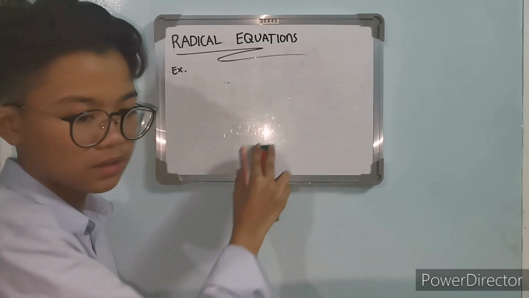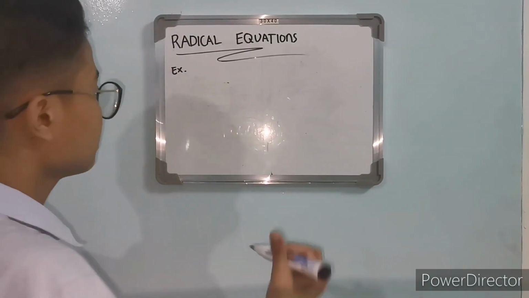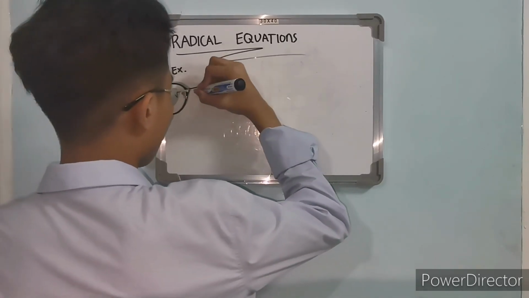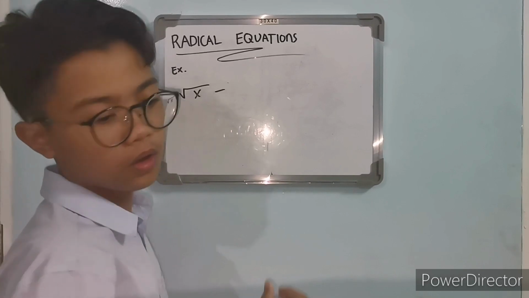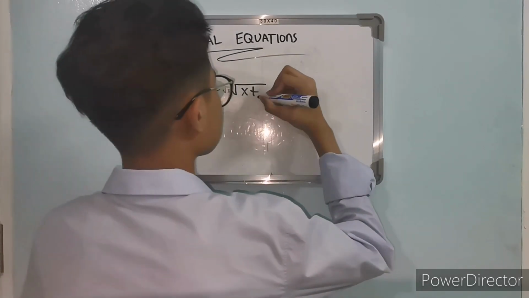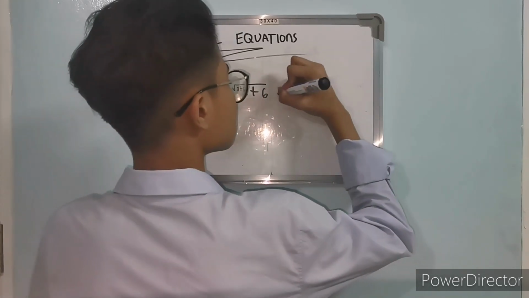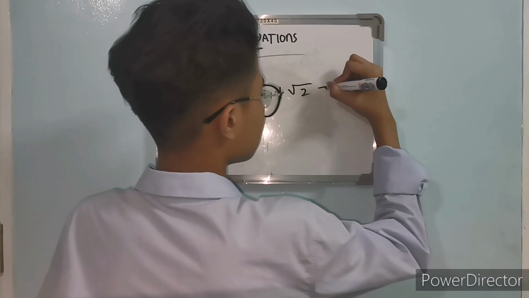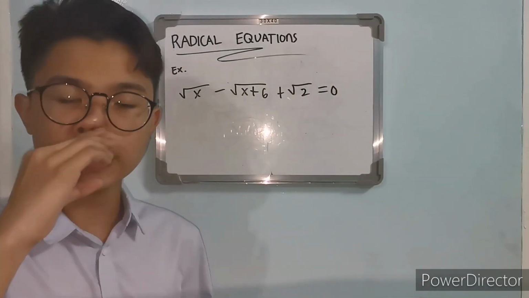This is where things are going to start getting a little bit more complex. We have the square root of x minus the square root of x plus 6 plus the square root of 2 equals 0. Now, here I'm going to introduce again another rule.